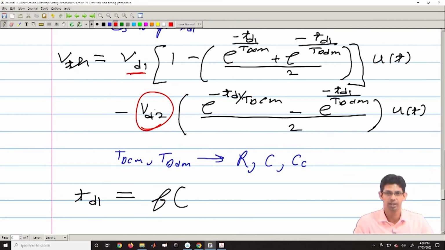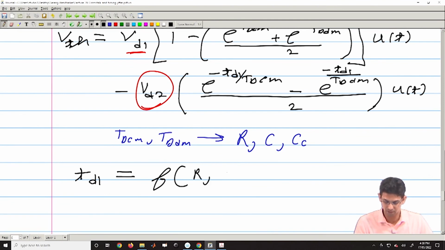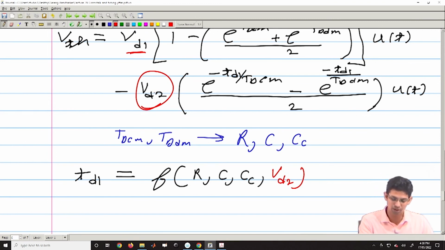But what about VD2? If you solve this, you will see that your TD1 would be a function of not just R and C and CC, which are the interconnect parameters, but also a function of VD2. Depending on whether your VD2 is 0 or whether your VD2 is a very high number, your delay would be varying.